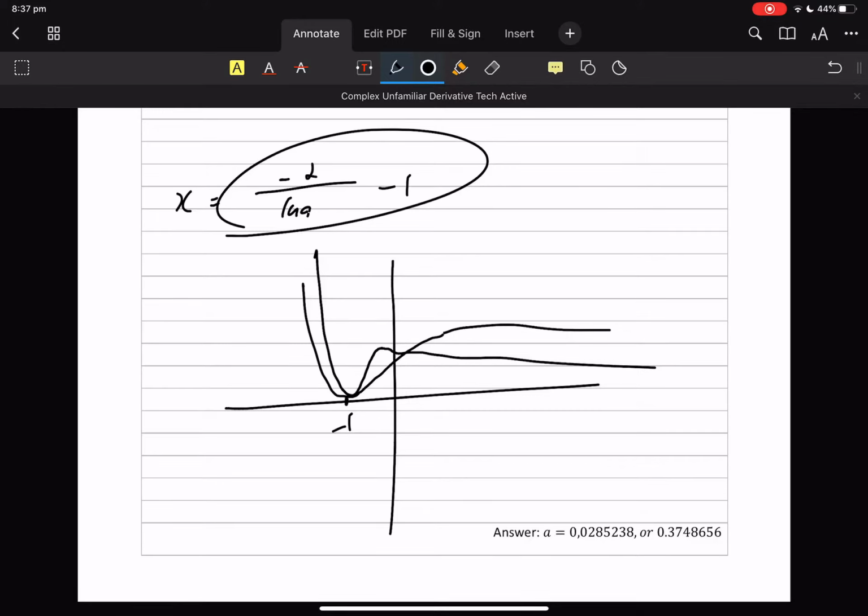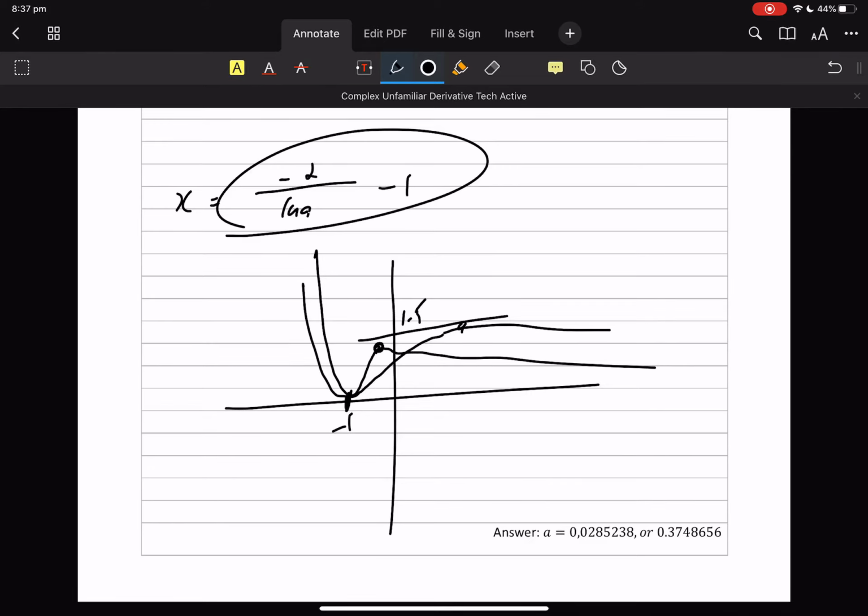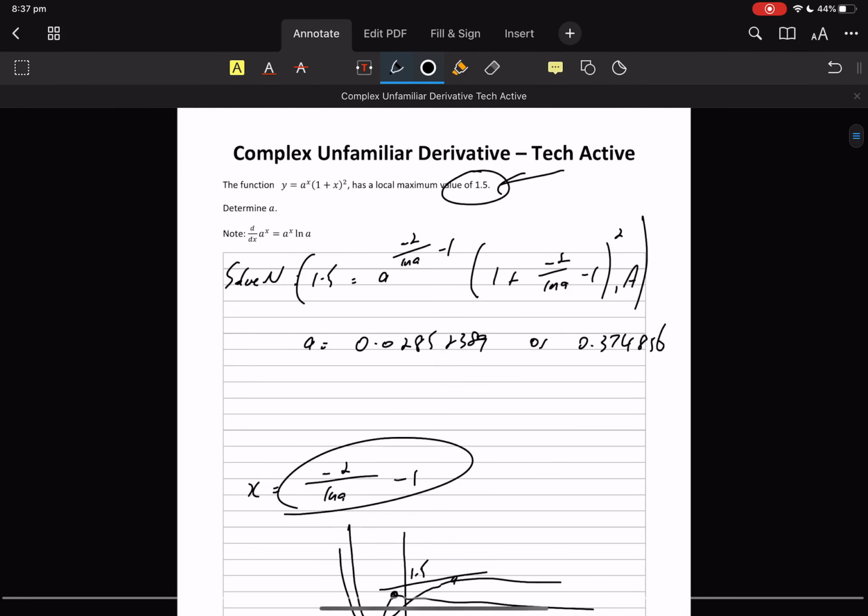That was terrible drawing. But we've got these stationary points here and here happening at y equals 1.5. And we've got that stationary point also at -1 that we calculated before. Put them in your calculator because that's a terrible drawing. But anyway, good question. Like the question.